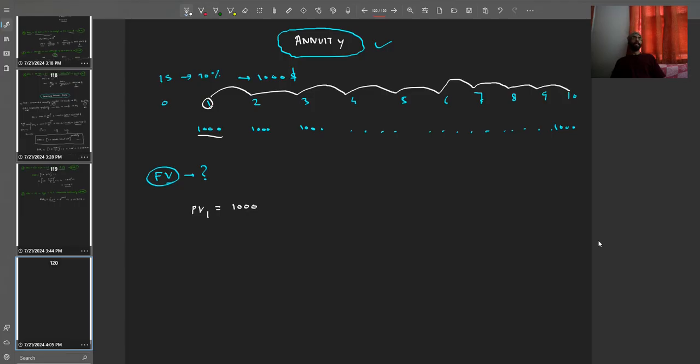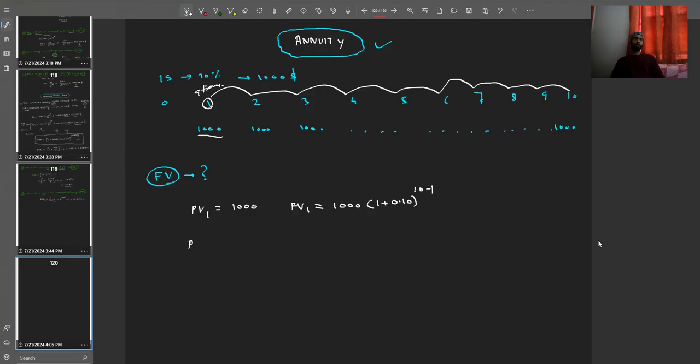It compounds 9 times, or 10 minus 1 times. So you can write the future value FV1 is equal to PV1, or 1000, multiplied by (1 plus 0.10) to the power 10 minus 1. Right friends?